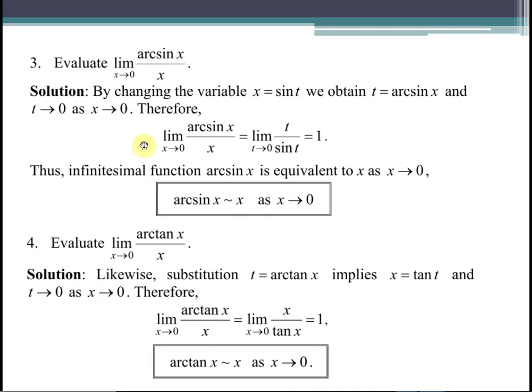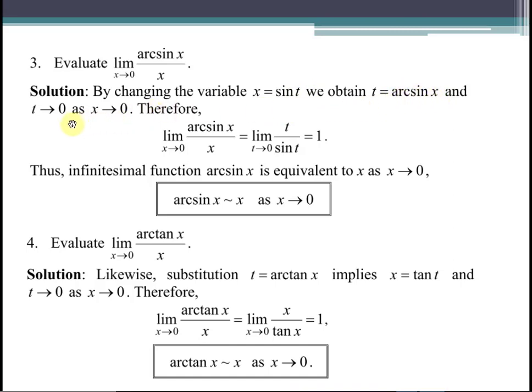Number 3, evaluate the following limit. Limit as x tends to 0, arc sine x over x. Now we can, by changing the variable, x is sine t, we obtain t is arc sine x, and t tends to 0 as x tends to 0, because if x tends to 0, it means arc sine 0 is 0.